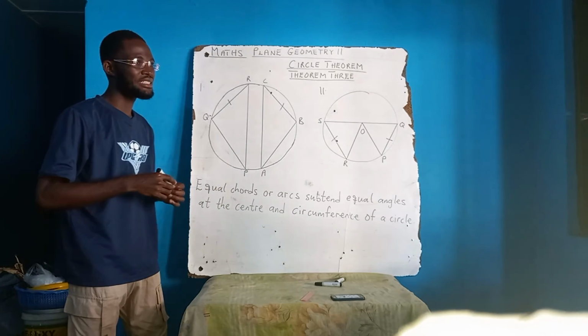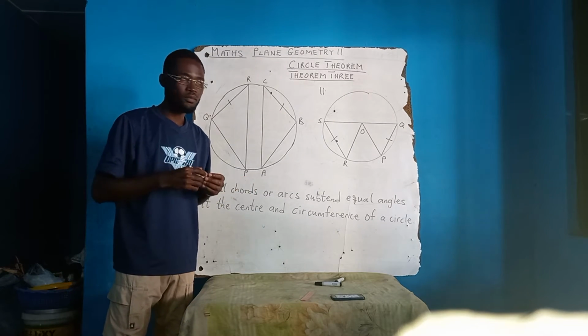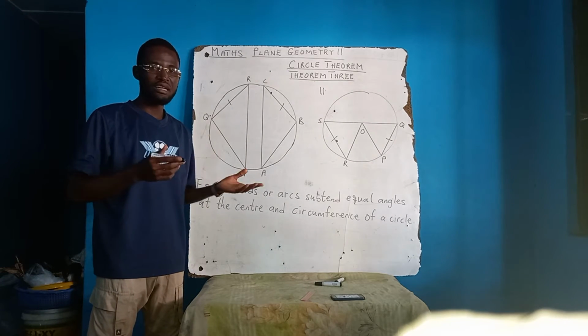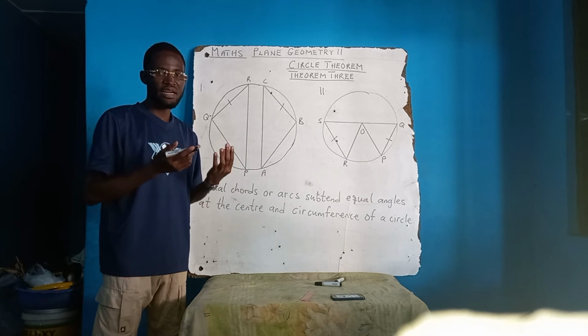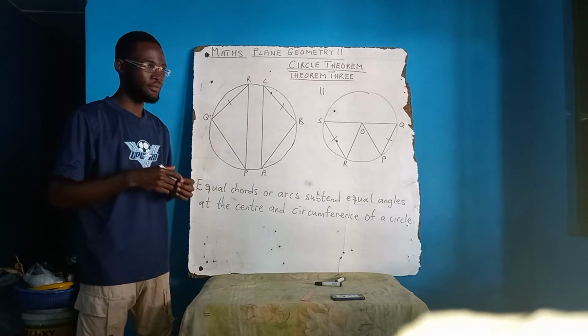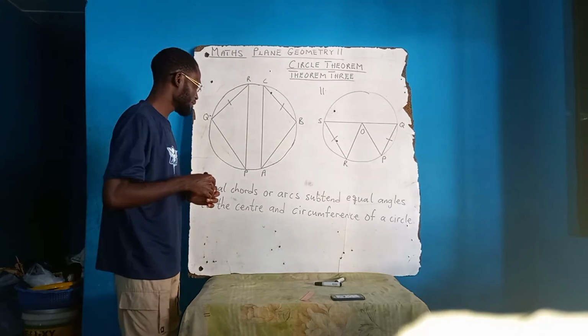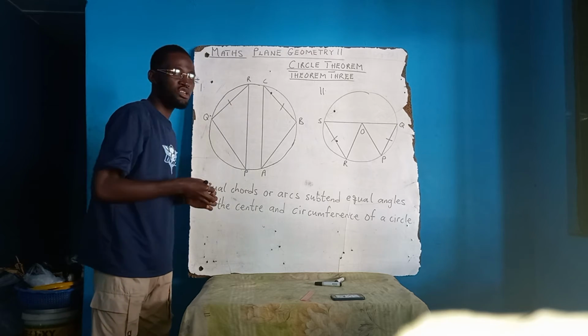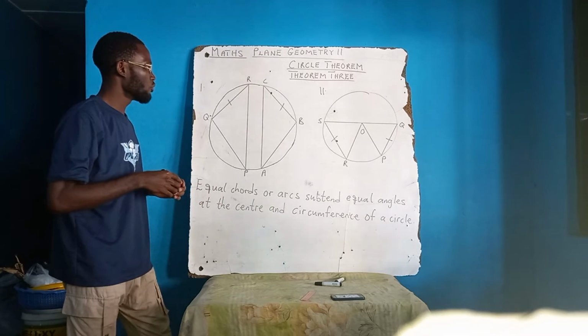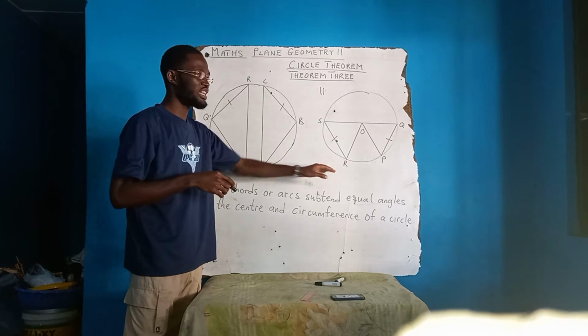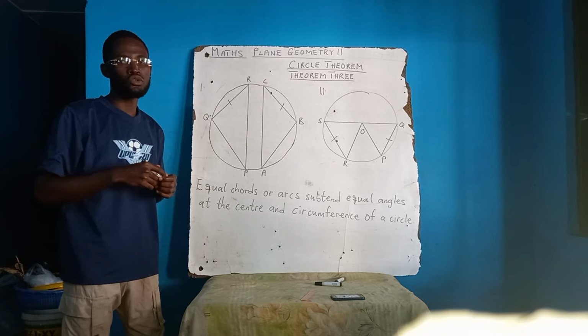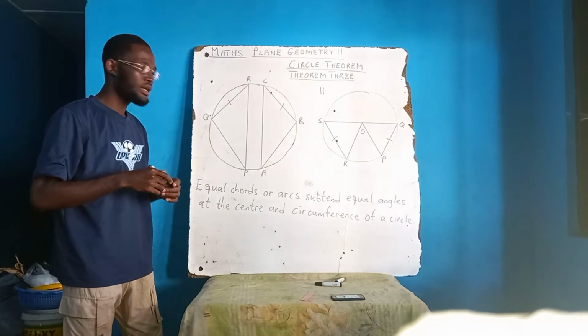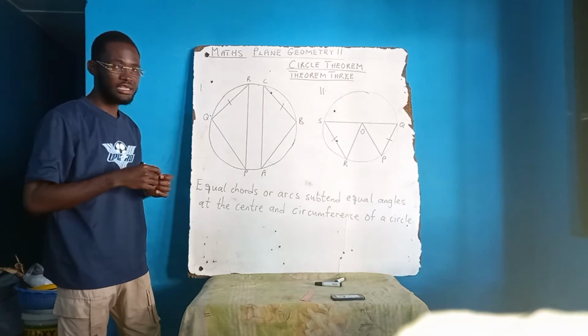So you realize that just like theorem 2, we are still dealing with the equality of angles on certain conditions, right? So we are going to tackle illustrative example 1, and then we'll also talk about illustration II in order to fit this merging aspect of circle theorem.